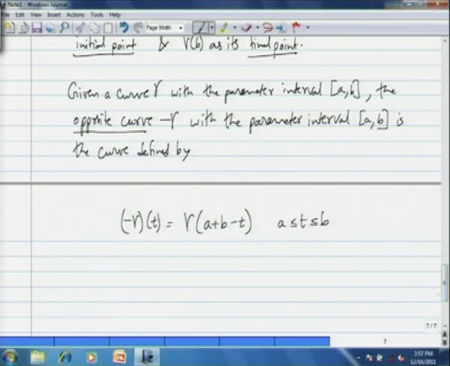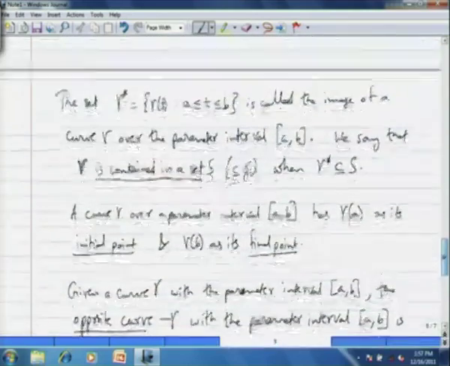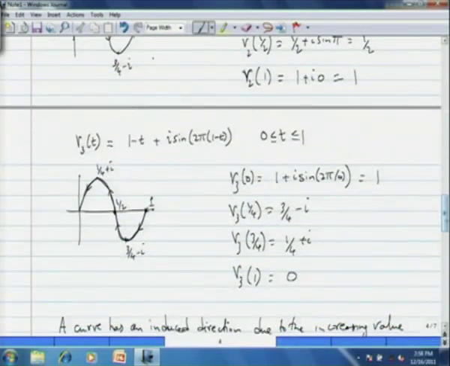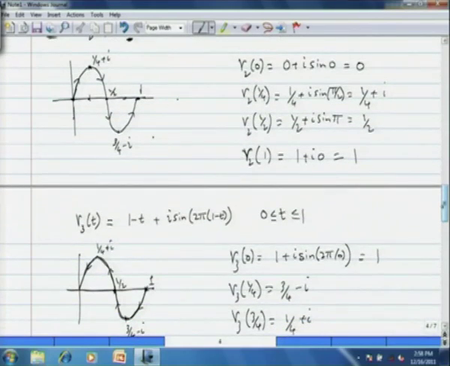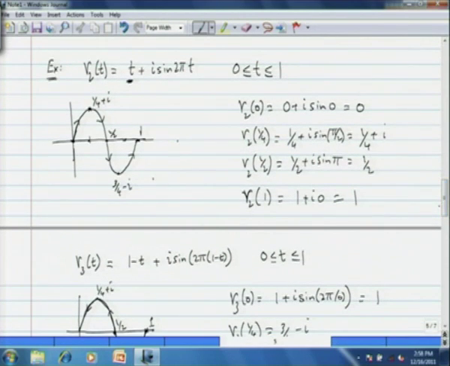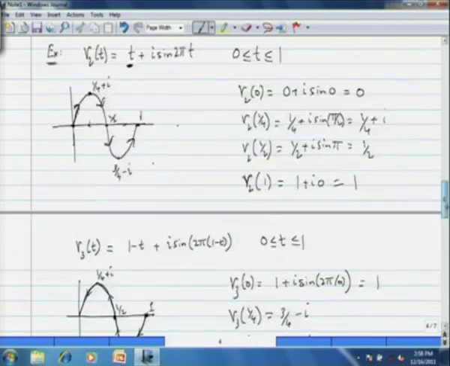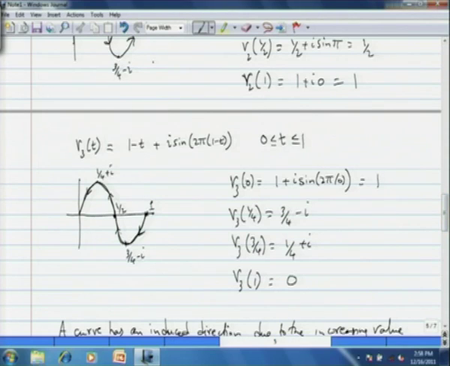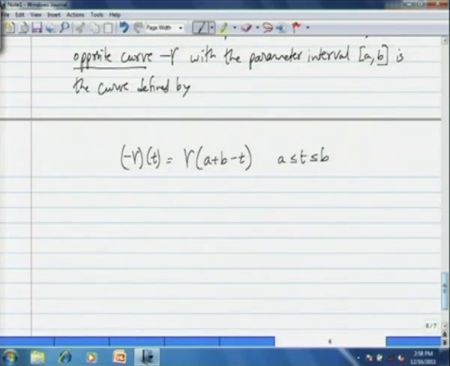So, in the above example, let me go back, sorry. In this example, gamma 3 was the opposite of gamma 2, because gamma 2 is traced in this direction, whereas gamma 3 has the same range and is traced in the opposite direction. Due to that geometric significance, we define the opposite curve in this fashion.